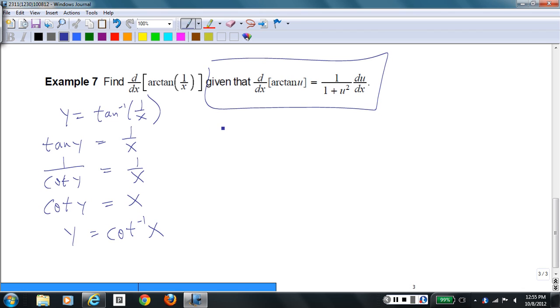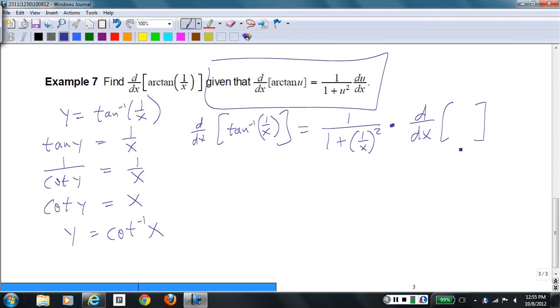So here goes. d dx of inverse tan of 1 over x equals, well, the derivative of inverse tangent of something is 1 over 1 plus that something squared times the derivative of that something.